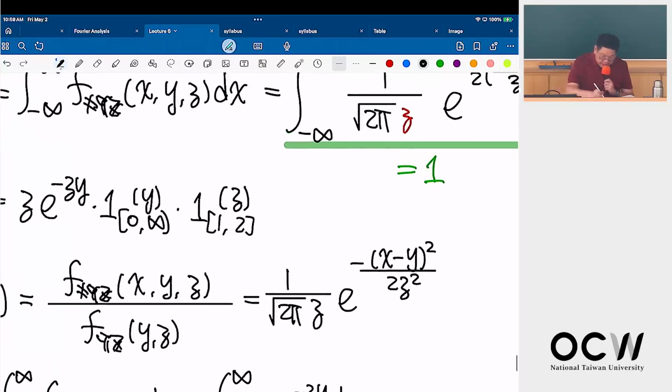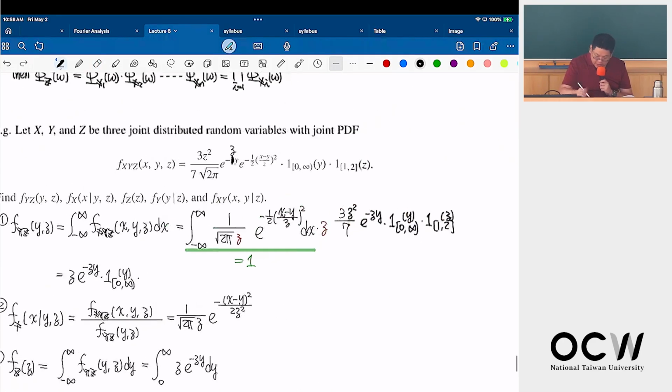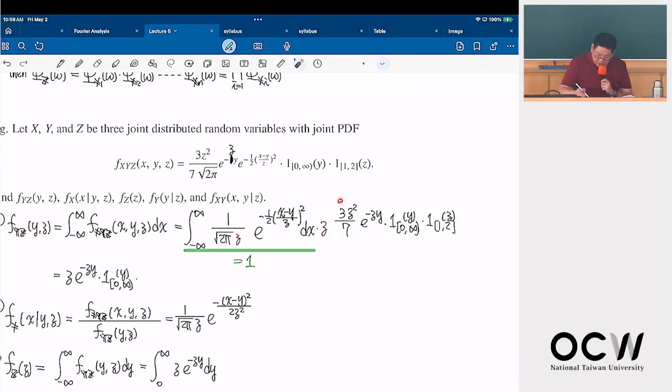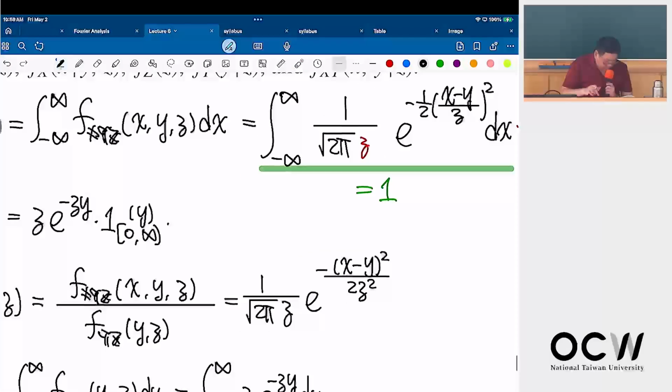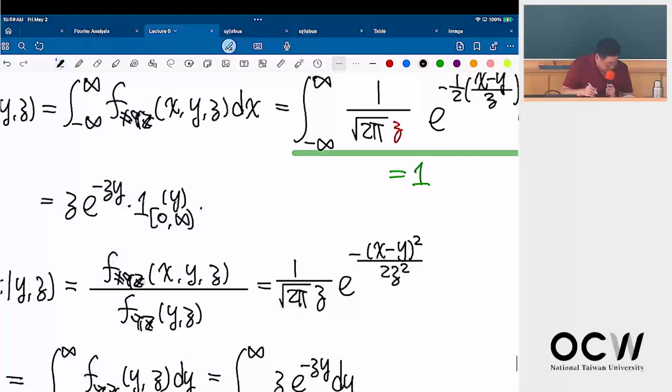And then I think I missed something. Right, I still have this term. So my joint PDF of y, z, here I should still have 3 divided by 7 times z squared, and z is from 1 to 2.